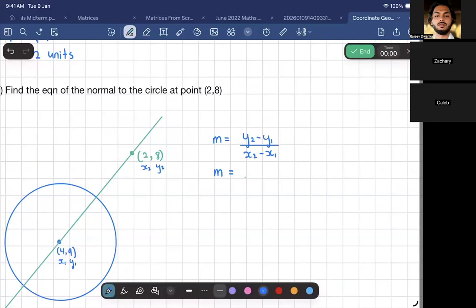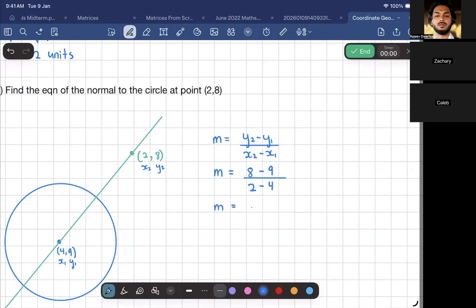So Caleb, when I substitute, what am I going to write? What is y2? 8 minus 9 over 2 minus 4. What is 8 minus 9?